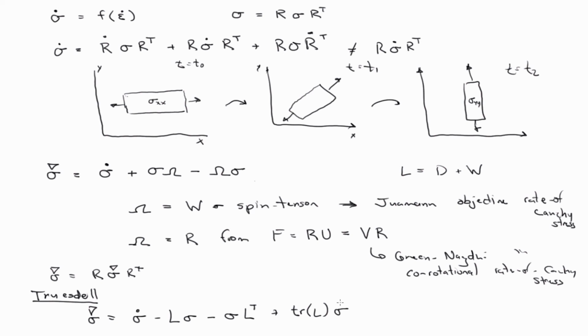But if we use E in the top equation, E equals R E R transpose. If we do the same thing, it would turn out that E wouldn't be objective, but dE dt would be 0.